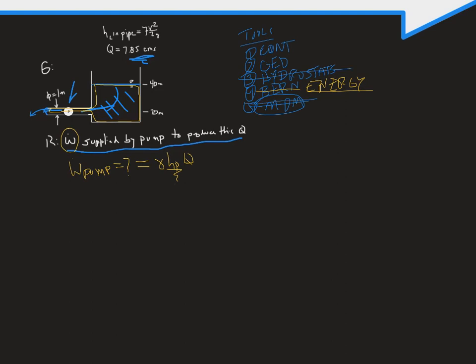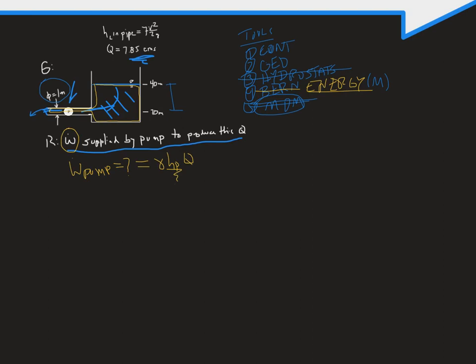Geometry, well, we've been given these two heights, so we're probably going to need that. Continuity, maybe, and we have a flow rate, so we might need to use that. But let's start with what I'm going to assume is going to be our master, which is this energy equation.